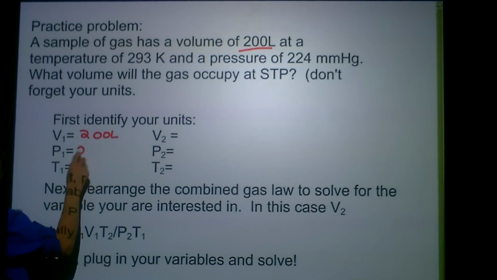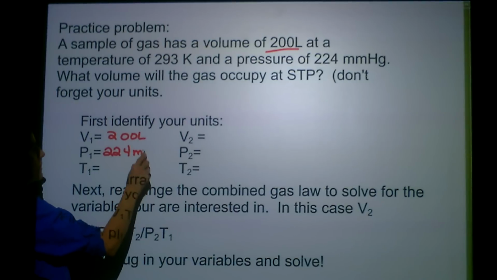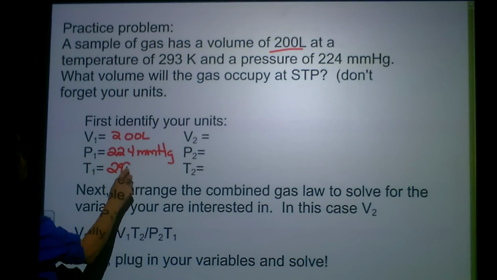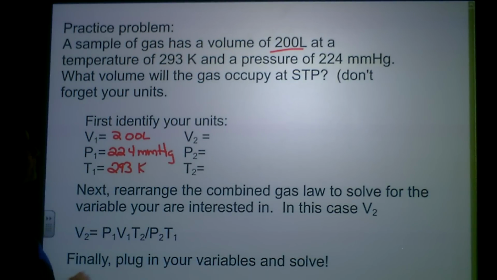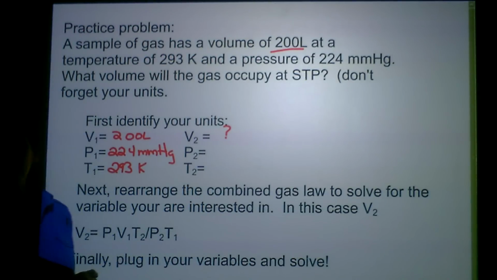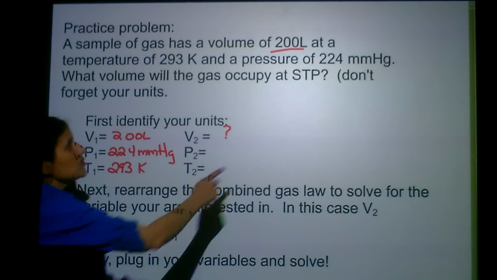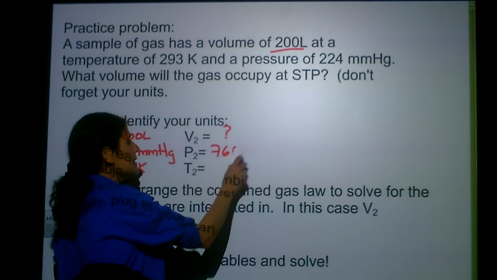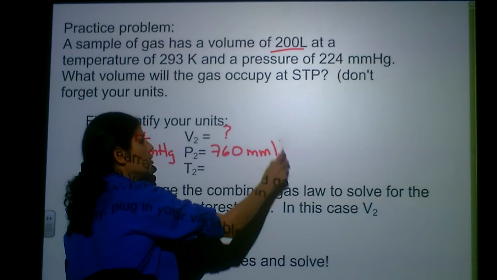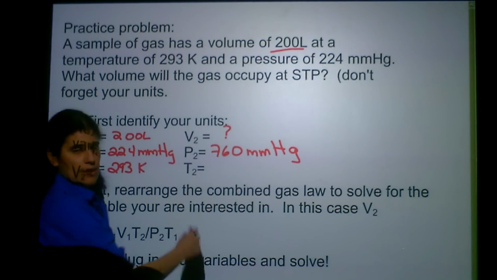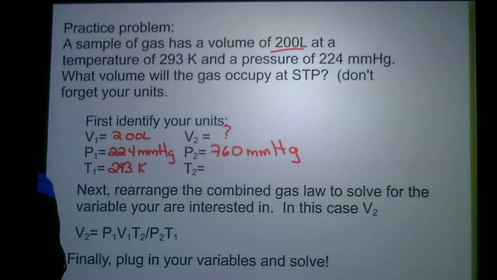Our first pressure is 224 millimeters of mercury, and our first temperature is 293 K. Our new volume is question mark. We don't know what it is. That's what we're trying to solve for. Our new pressure, since we're at STP, is 1 atmosphere, or 760 mmHg. And since we're at standard temperature and pressure, the new temperature is 273 K.